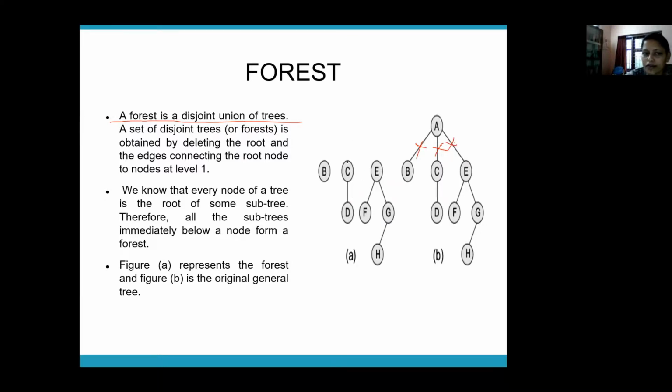So how do you get a forest? A forest is a set of disjoint trees that can be obtained by deleting the connection from the root node to the immediate children of the root node. So this is the root node, right? Who are the immediate children of the root node?